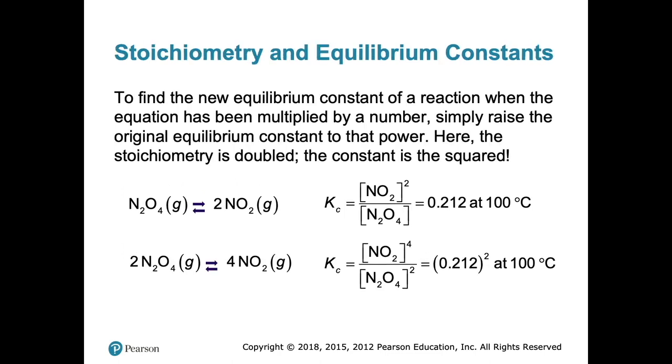So, let's find the new equilibrium constant of each reaction when the reaction is multiplied by a multiplier. What you can do is figure out a new equilibrium constant by adding more stuff. So here we have the same reaction, N2O4 gas becoming 2 moles of NO2 gas.